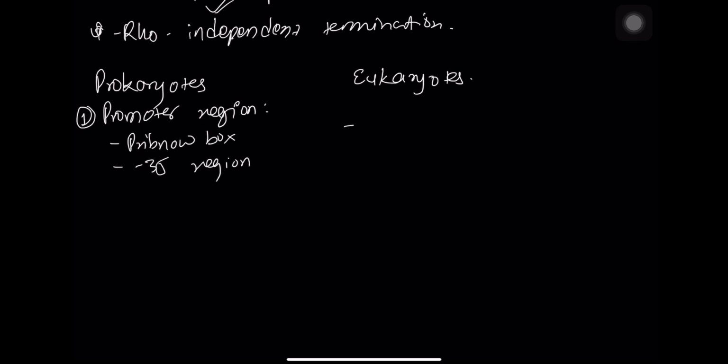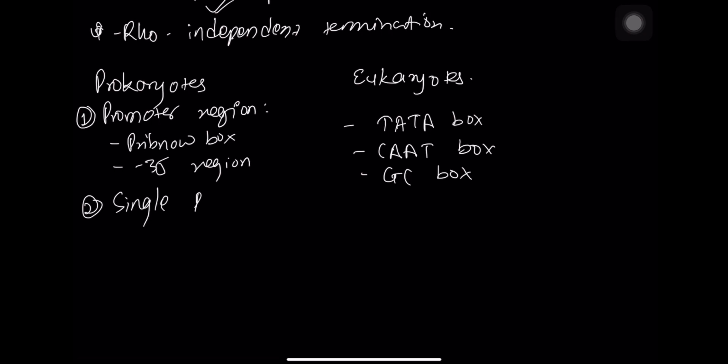Likewise in eukaryotes the promoter regions are the TATA box and CAT box or maybe the GC box. In prokaryotes there is a single RNA polymerase, and in eukaryotic cells there are three different types of RNA polymerase.